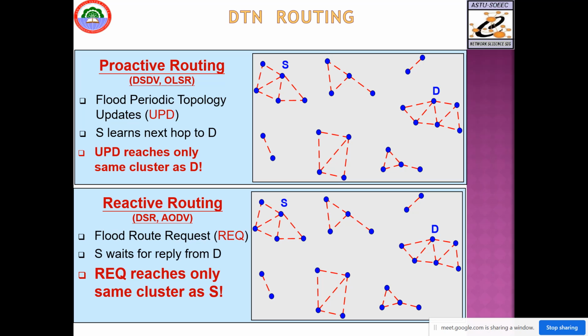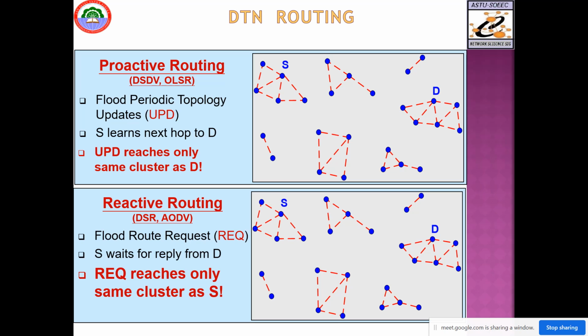In the case of reactive routing, before initiation, it will not do anything. Once the request comes, and the broadcast request is received by the neighboring node, at that time it will check what the intermediate nodes are and which path is going to be selected to transmit the information.